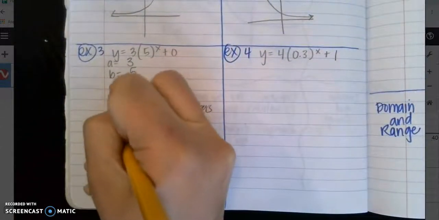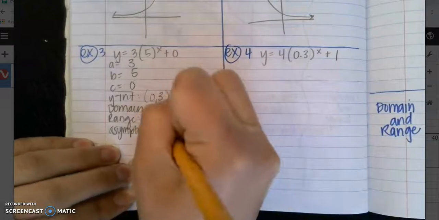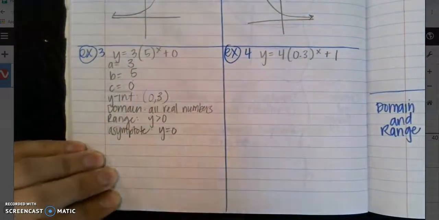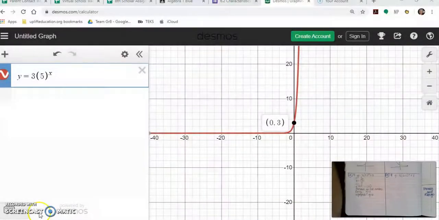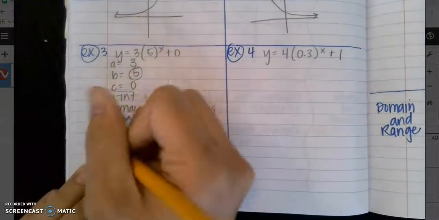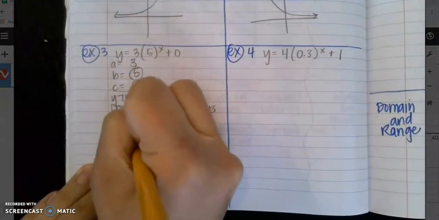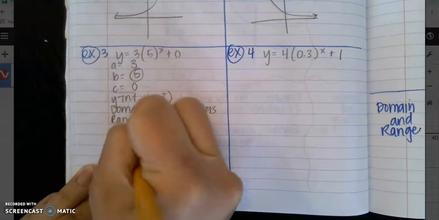My asymptote is my C value, so it's at y equals 0. And because of my B value being a whole number, and even when I take a look at the graph, this is an increasing graph or a growth graph. And then I'm going to draw a little sketch.